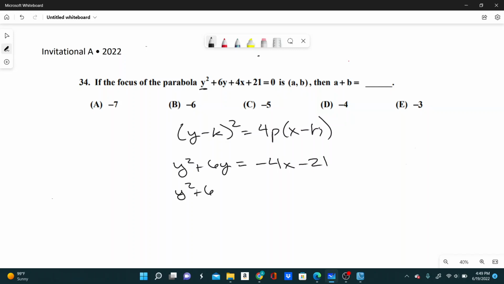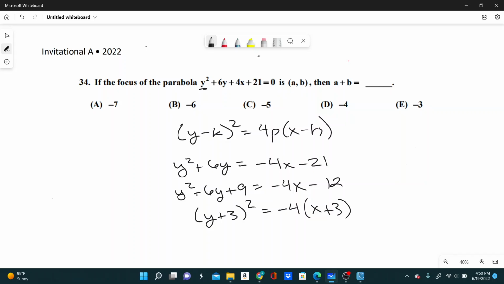Remember, I divide the y coefficient by 2 and then square it. So y squared plus 6y plus 9 would equal negative 4x, and then negative 21 plus 9 is negative 12. Then if I factor this on the right-hand side, we get y plus 3 squared equals negative 4 times x plus 3.